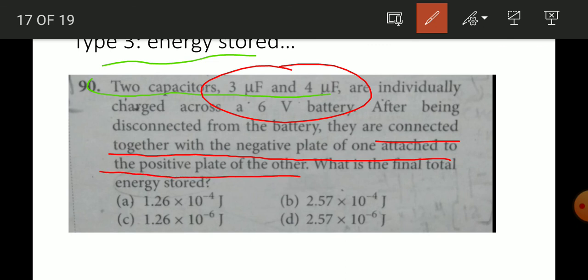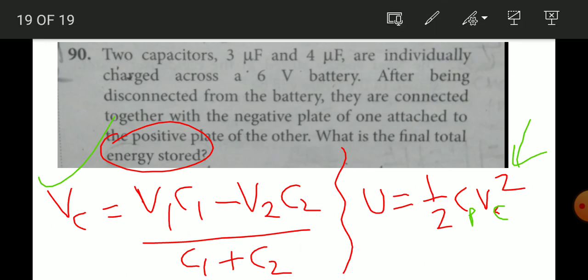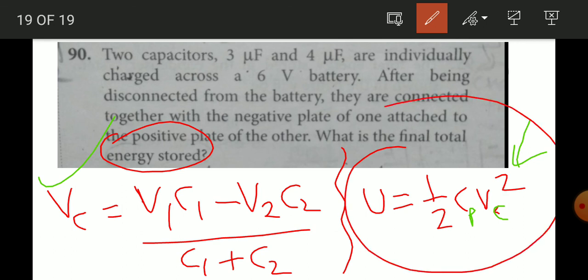So basically we have to use the common potential formula here. The formula for energy loss was different, and the formula for energy gain is slightly different. As I explained earlier, we have to use this basic formula only. For this we need to find out the common potential first, and we can easily calculate it because both are connected in parallel.